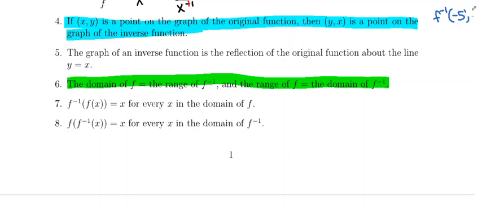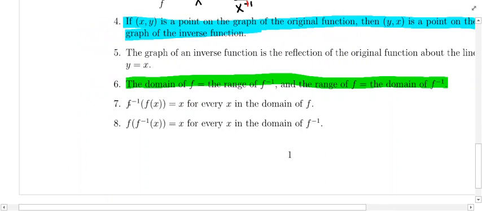Okay, so what this is saying in number 7 here, f inverse of f of x, the composition would be f inverse of f. If you do that, it's going to result in x.